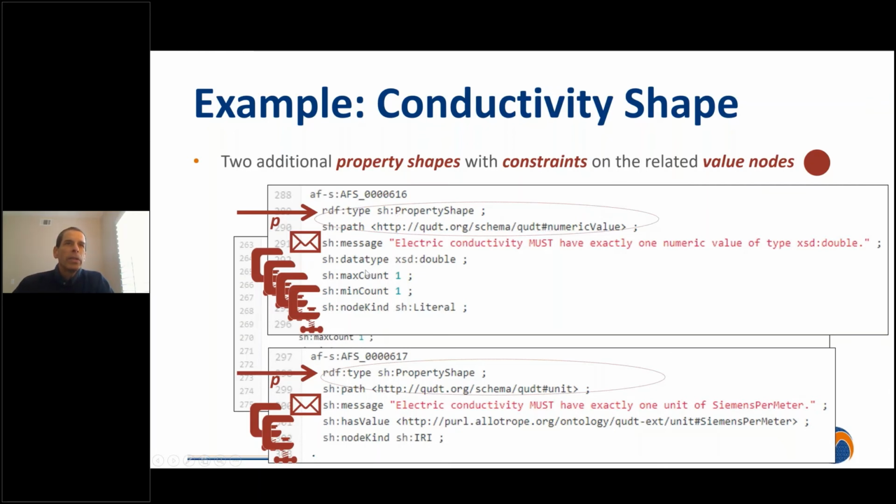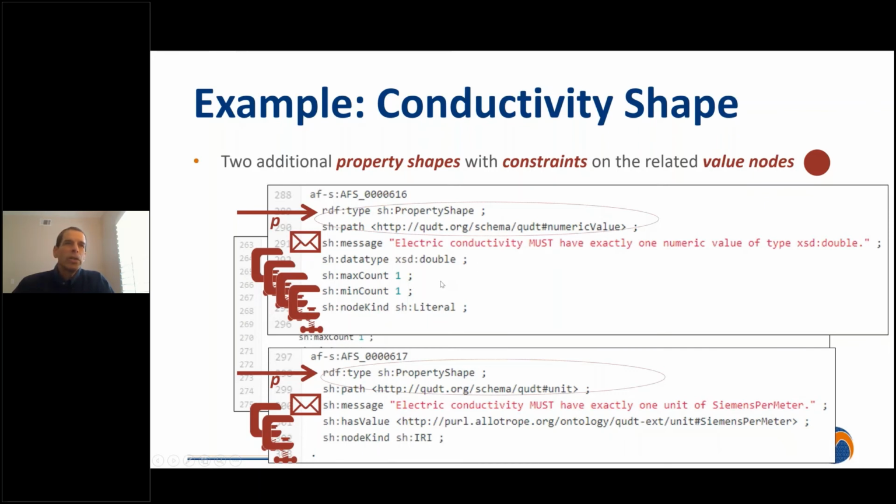And we see that we have four constraint components: data type double, the maximum count is 1, the minimum count is 1, which means the cardinality is exactly 1, and the node kind is a literal. This translates to: electrical connectivity must have exactly one numeric value of type double.